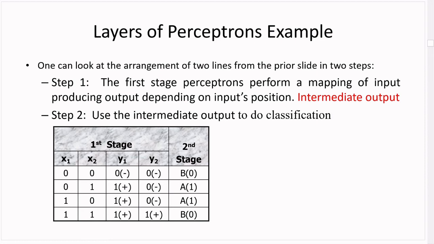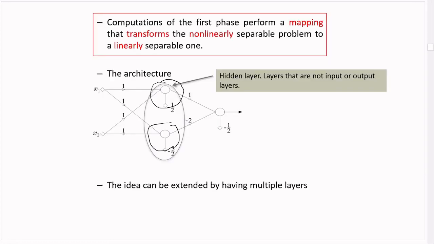The table here shows you x1, x2 as original raw data or raw features, and y1 and y2 as intermediate representations for our examples from A and B. And then in the second stage, we can see how we can easily separate y1 and y2 using a single perceptron. If you look at this table or this idea of layer of perceptrons, this can be represented in the form of a picture like this.